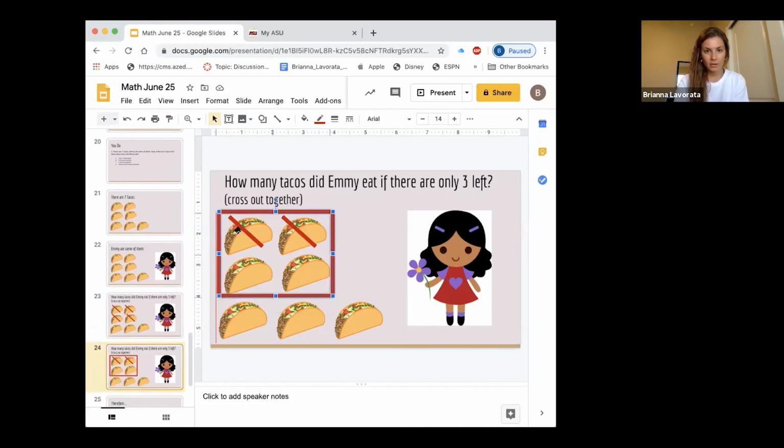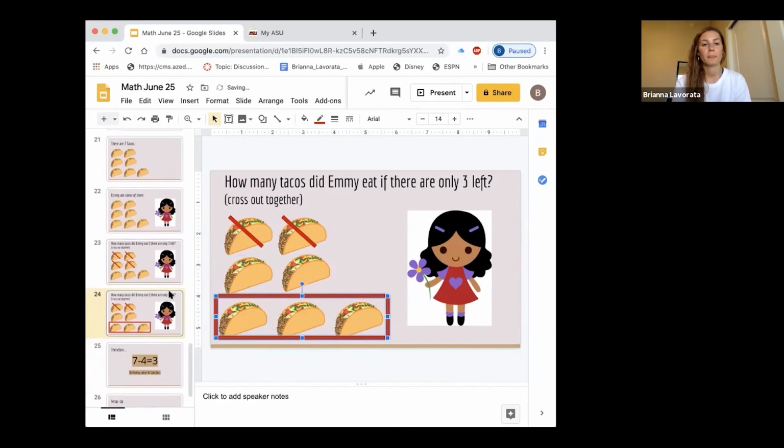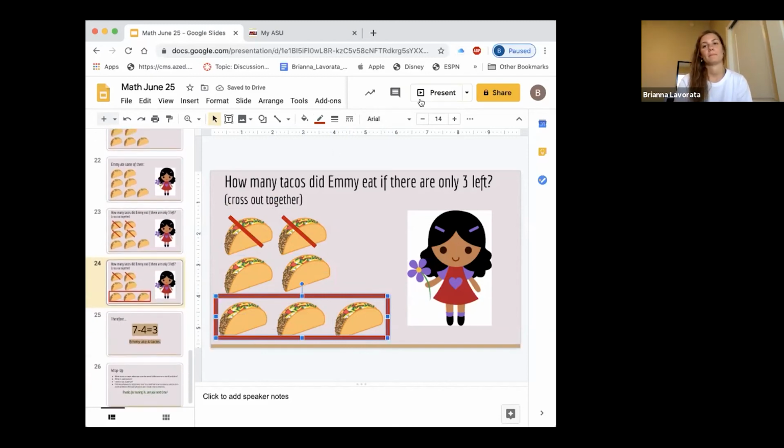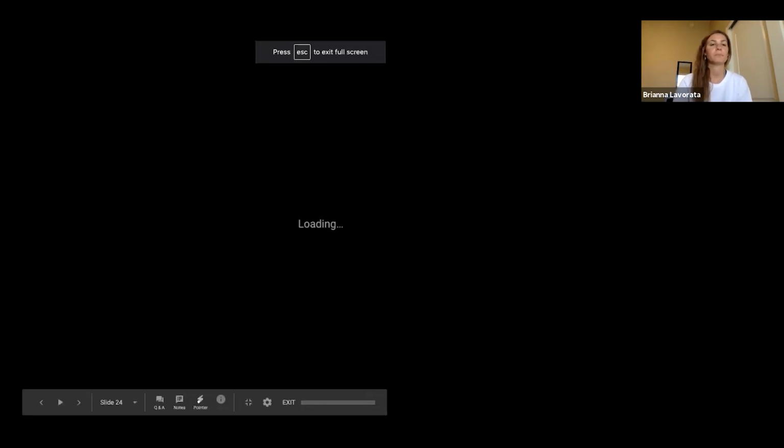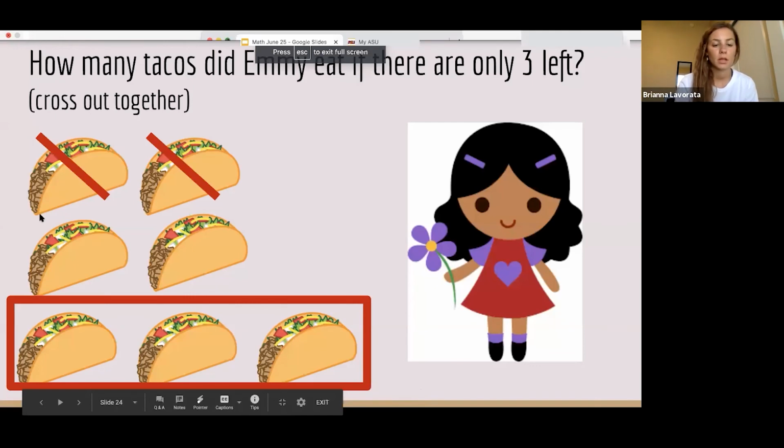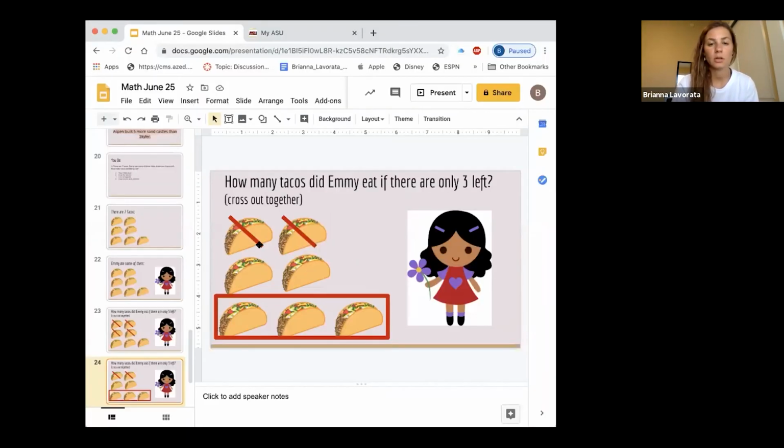So we know there are 3 tacos left, right? Make that bigger for you. Oh, here. Let's go ahead and also cross out the rest of our tacos, right? So Emmy ate 4.